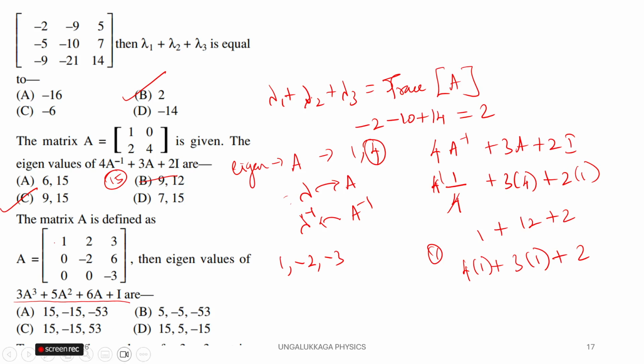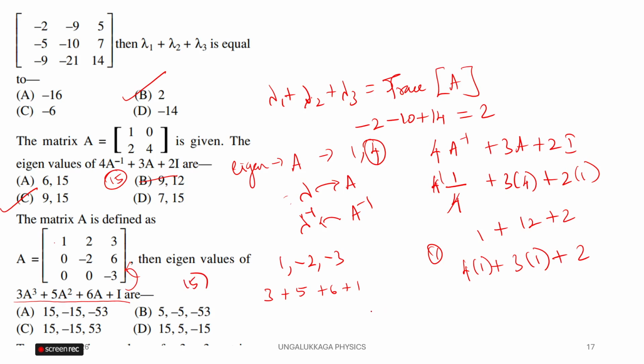Let's check. We have to find at least two eigenvalues from this given equation, which will be the characteristic equation for this matrix. So we have 3 plus 5 plus 6 plus 1, which is 15, as an option for the first eigenvalue.